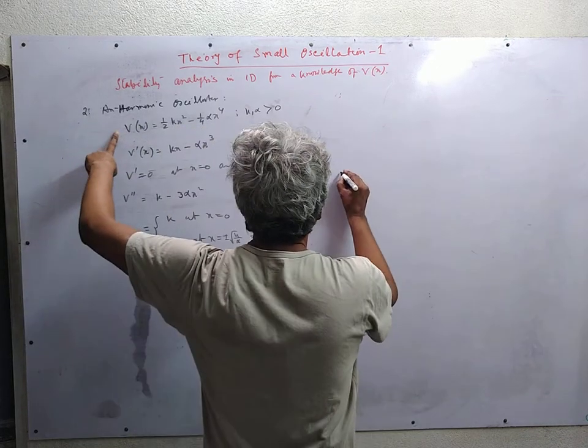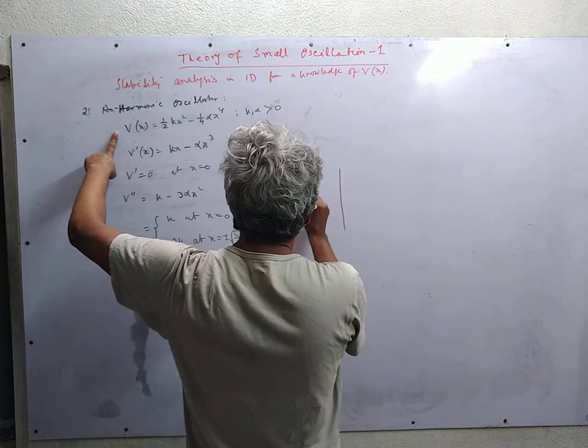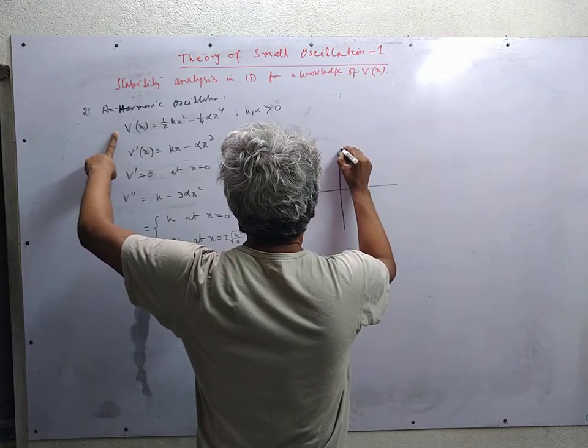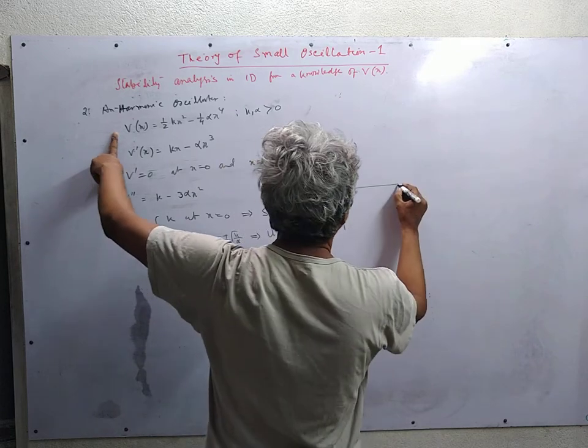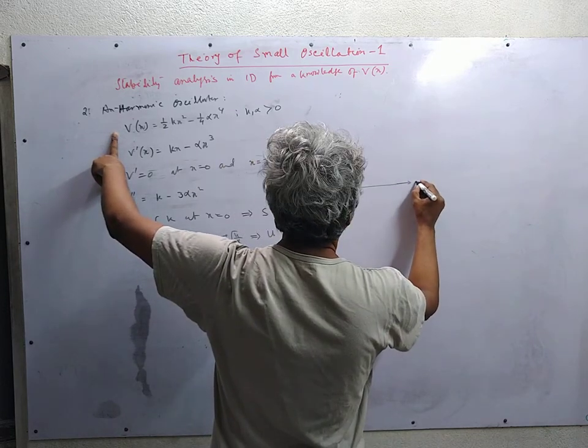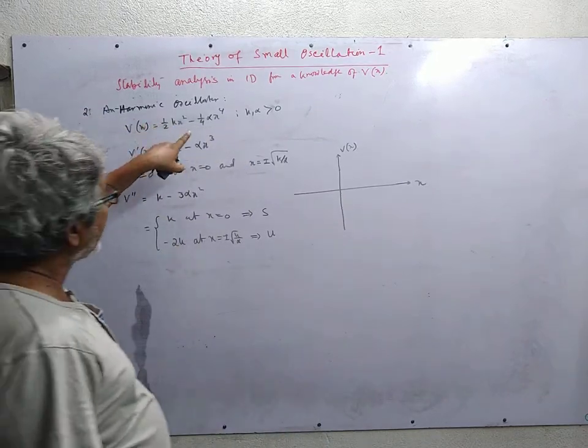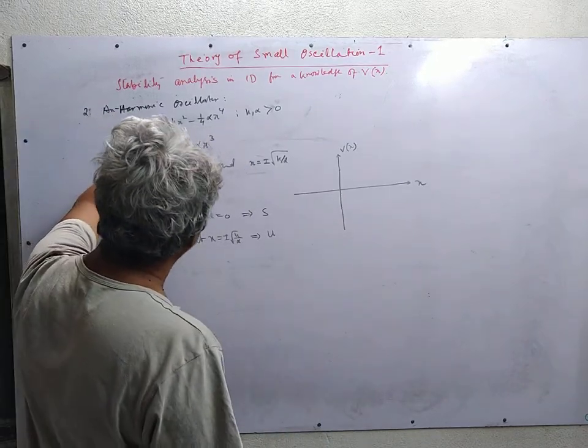If we draw the graph of V of x, we see that at x is equal to 0, the potential is 0. This is V of x, and this is x. We draw the graph with k and alpha equal to 1.